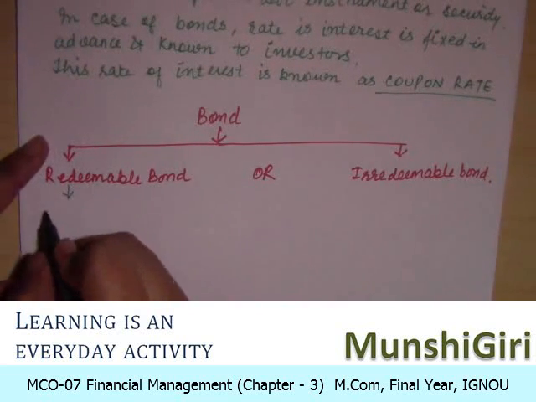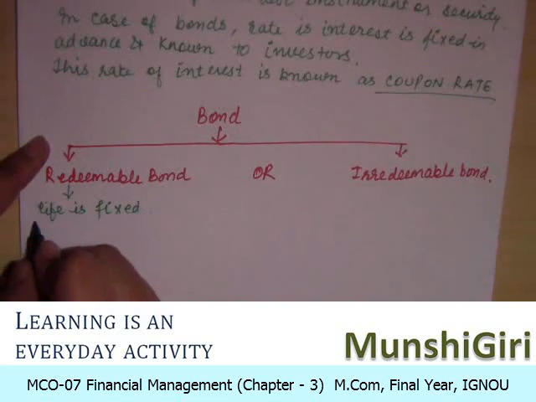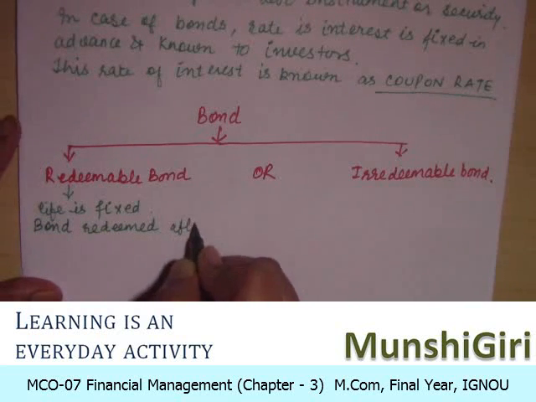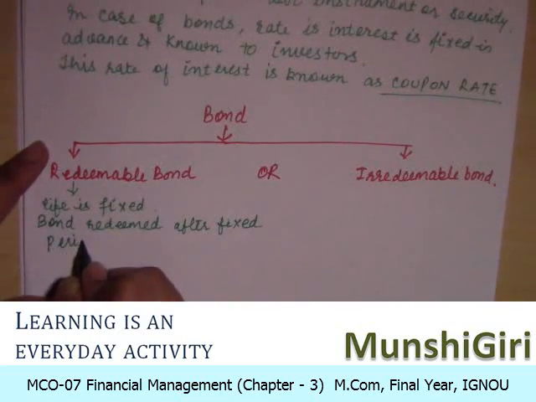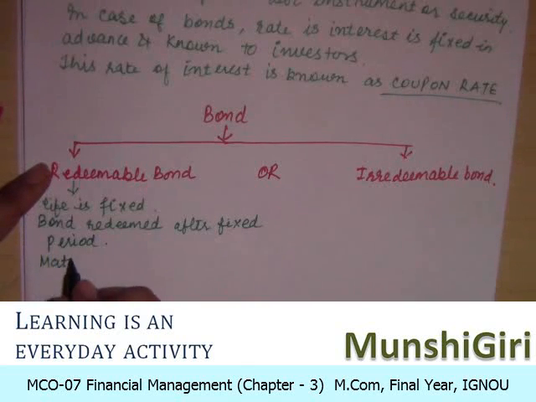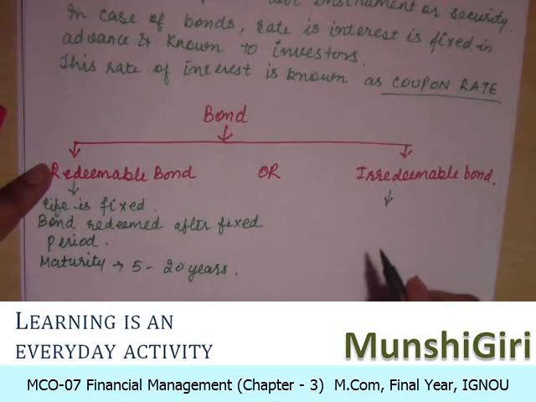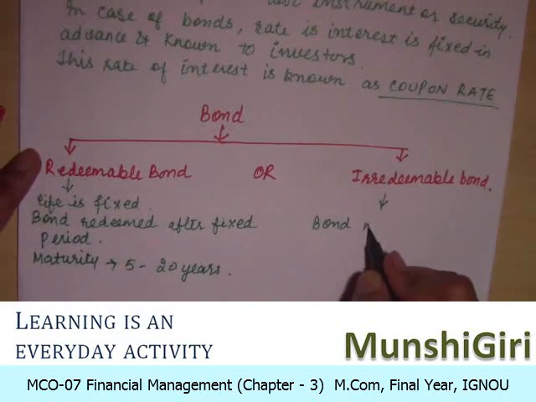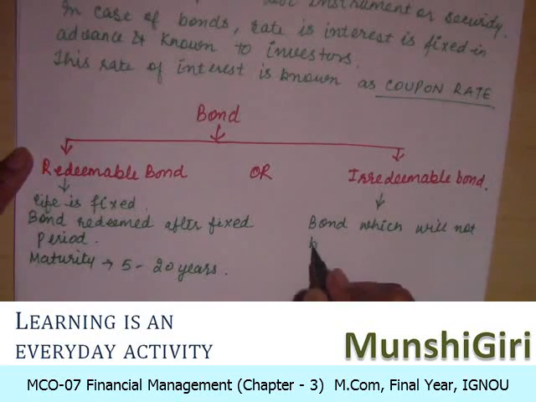The redeemable bond is one in which life is fixed, bond is redeemed after fixed period, and the maturity ranges between 5 to 20 years. Irredeemable bond is a bond which is not to be redeemed. Bond which will not be redeemed.